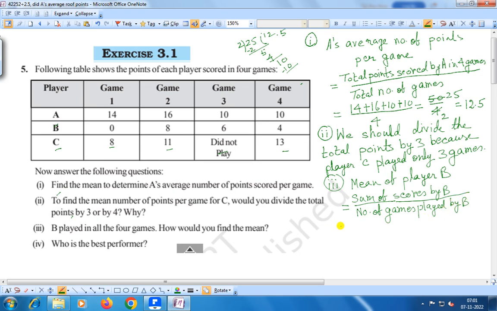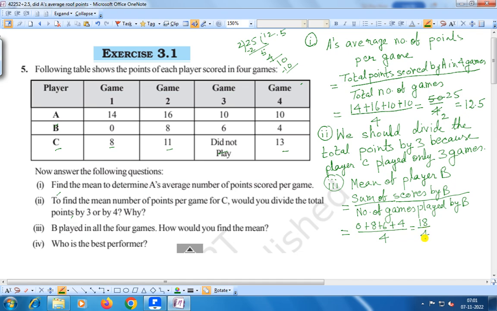The sum of the scores for B is 0 plus 8 plus 6 plus 4, divided by 4. 6 plus 4 is 10, plus 8 is 18, so that is 18 by 4.